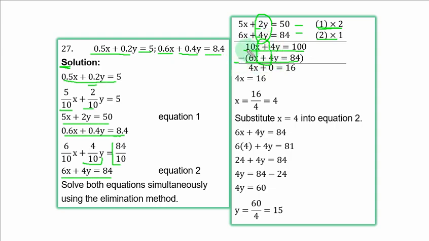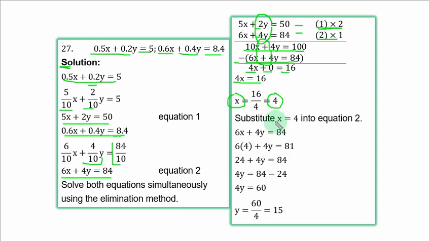When you subtract 10s minus 6s, you have 4s, plus 4y minus plus 4y, that is 0. 100 minus 84, you have 16. It follows that 4s is equal to 16. To get s, divide both sides by 4 and s is equal to 4.